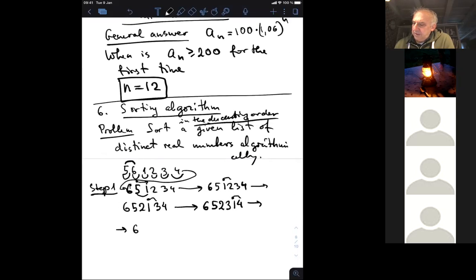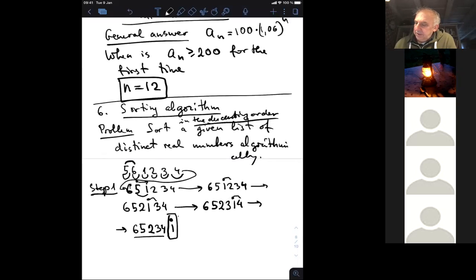So 6, 5, 2, 3, 4, 1, and the bubble is here. Once the bubble reaches the last position, we are not doing anything with it. So we are having a similar problem, but with an array consisting of one less number.